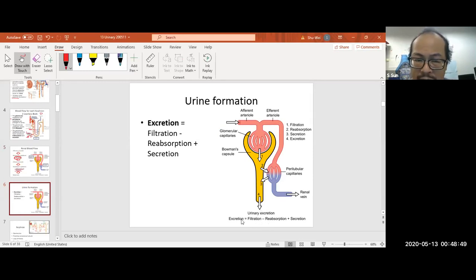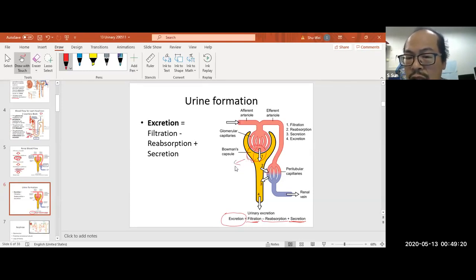This has a term, it's called excretion. Excretion equals filtration, that's filtered right here, minus reabsorption, what we get back to our body, plus secretion. Among all this, filtration is the most important one.